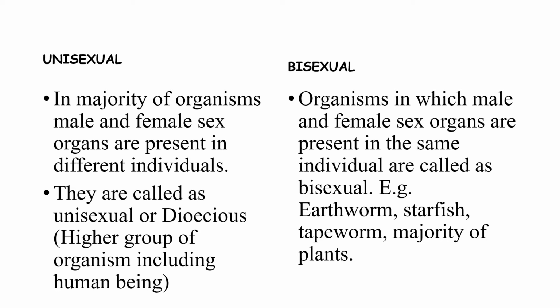In animals we can call it a hermaphrodite. Examples: earthworm, starfish, tapeworm. For unisexual we can say the papaya plant. The male papaya plant will not give fruits, but the female gives fruits.